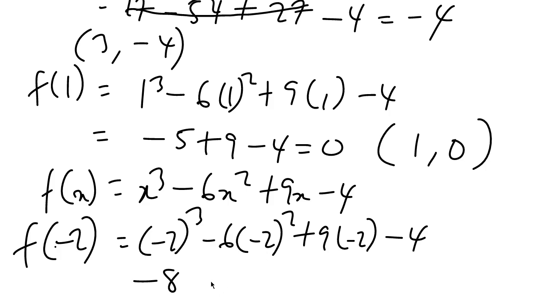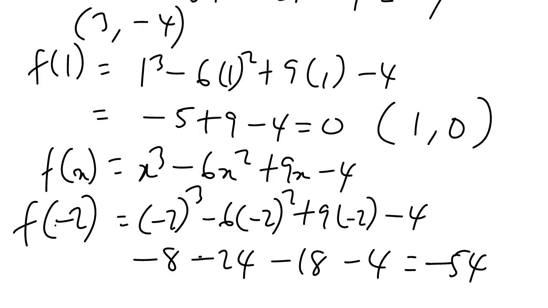Minus 2 all squared is 4. So minus 6 times 4 is what? Minus 24. Then minus 18 minus 4. Then minus 8 minus 24 is minus 32. Minus 32 minus 18 is minus 50. Minus 50 minus 4 is minus 54.